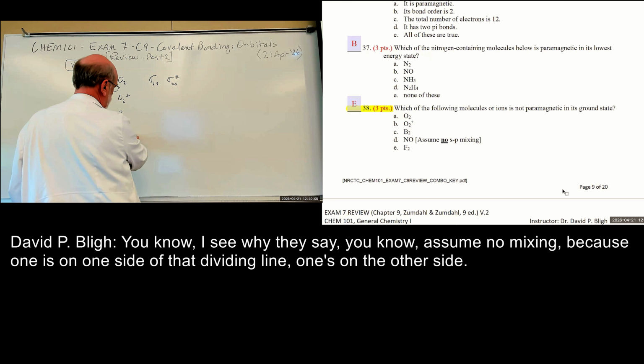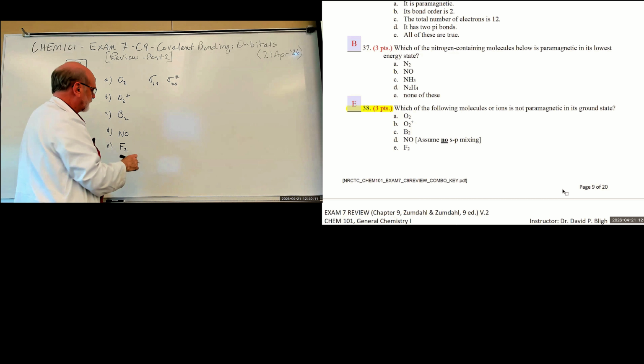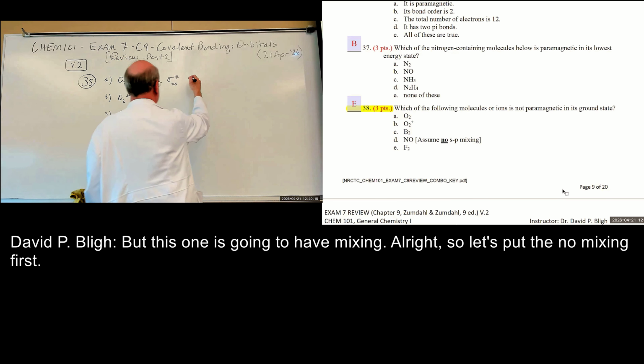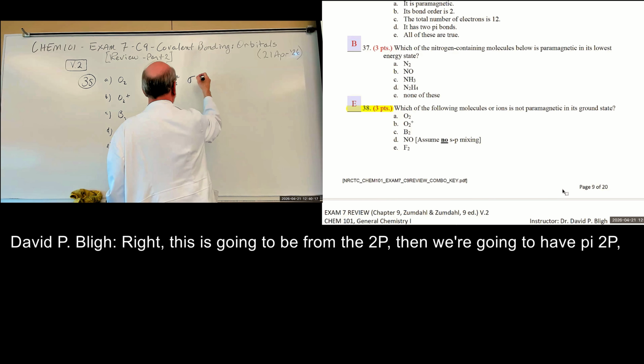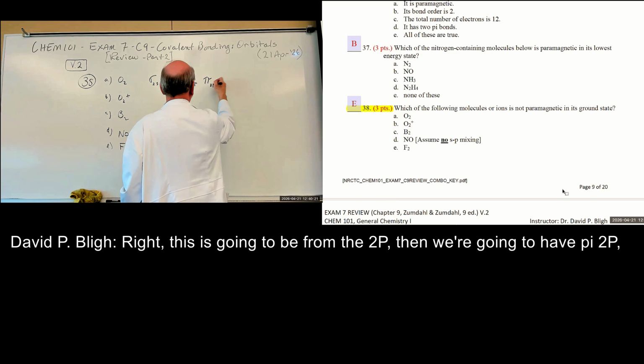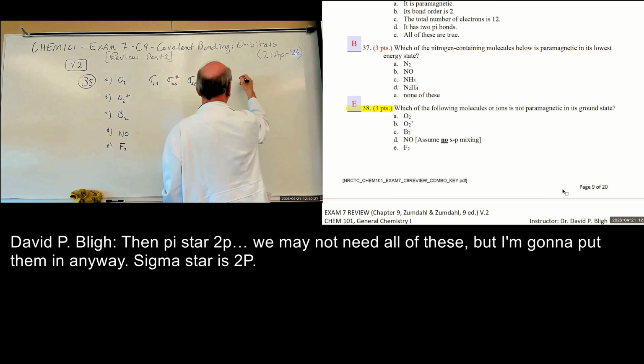I see why they say assume no mixing, because one is on one side of that dividing line, and one is on the other side. But this one is going to have mixing. So let's put the no mixing first. This is going to be sigma 2p, then we're going to have pi 2p, then pi star 2p. We may not need all of these, but I'm going to put them in anyway. Sigma star 2p.